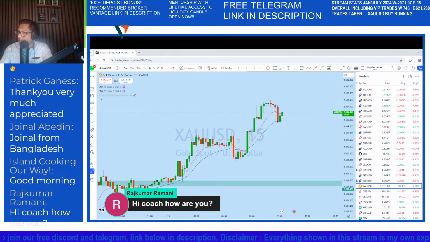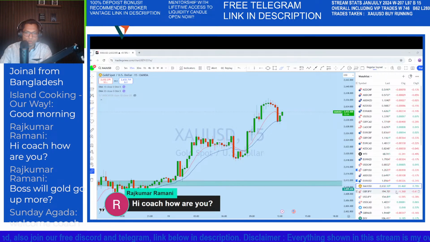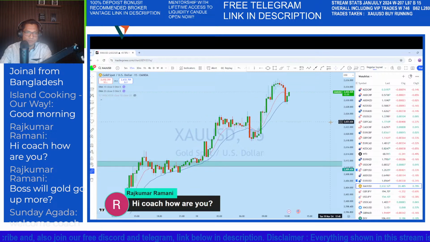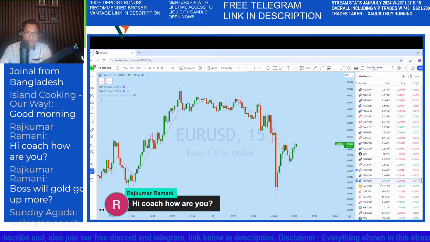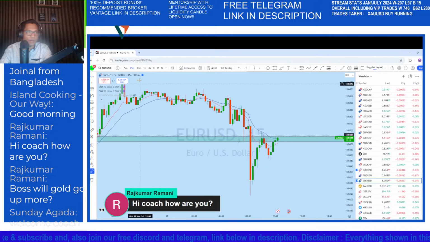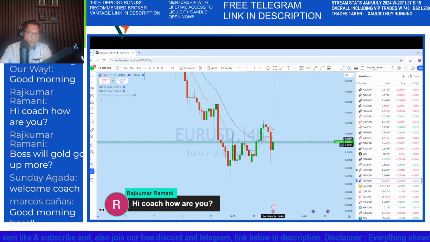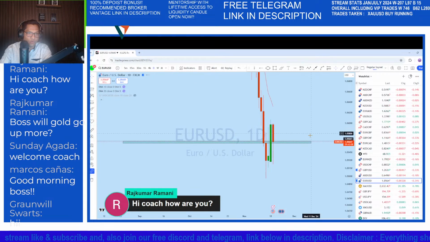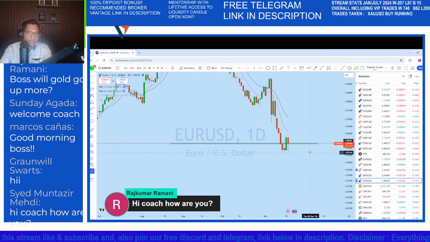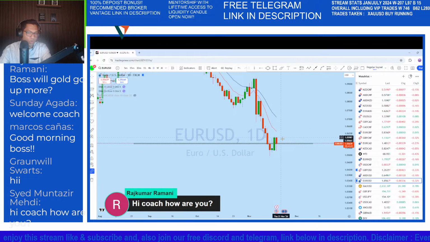So looking at now, with this bounce on XAUUSD, we can see the price has made its move. Let's look at euro dollar also. Looking at the euro dollar, we can see that there is a rejection here. If we look at the daily, for quite a few days euro dollar was in a downtrend.